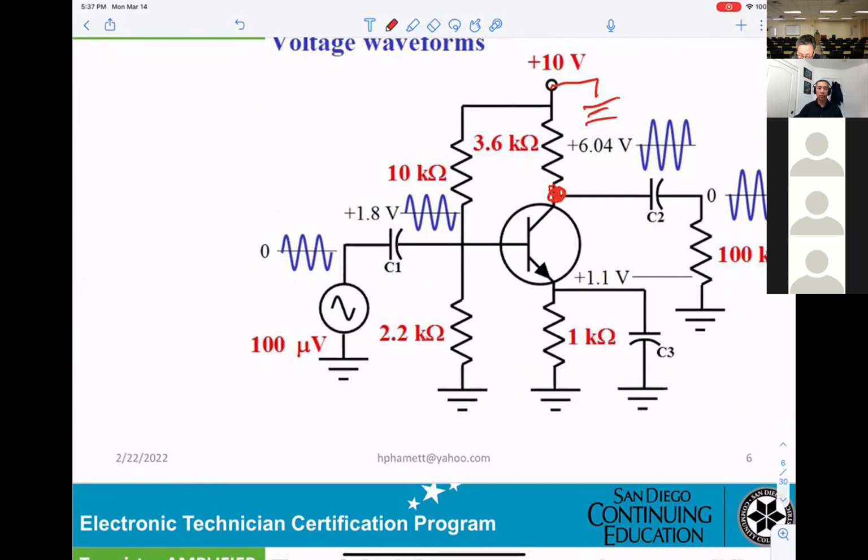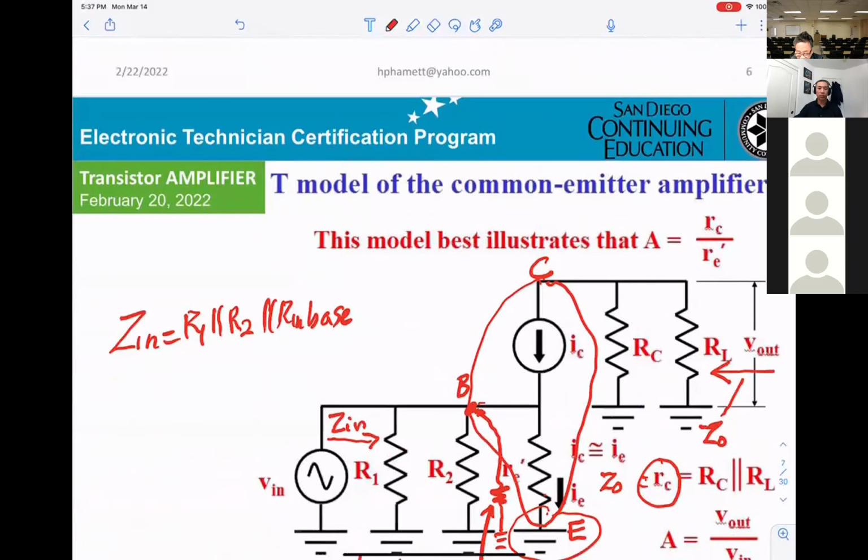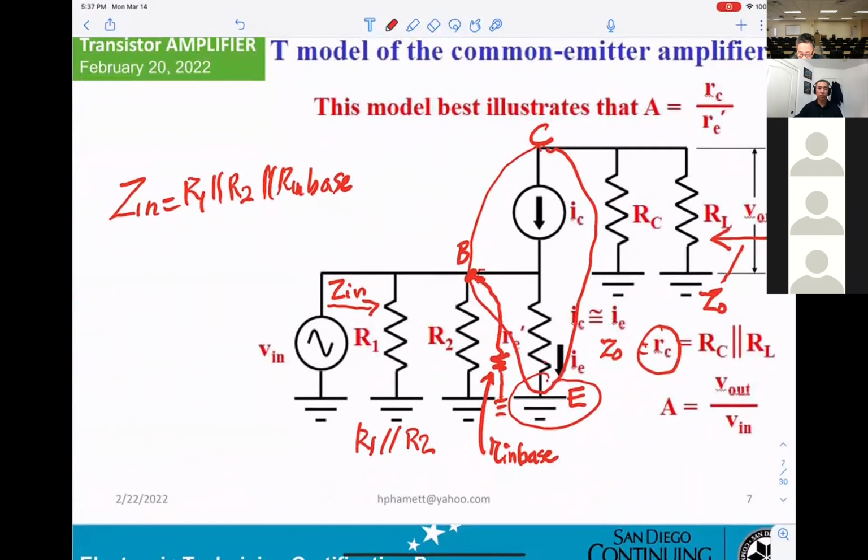Also, you can see the output here, the load resistor, also connected from the collector to the root. So this one and this one are in parallel. That's why you can see they draw it right here: RC parallel with RL.